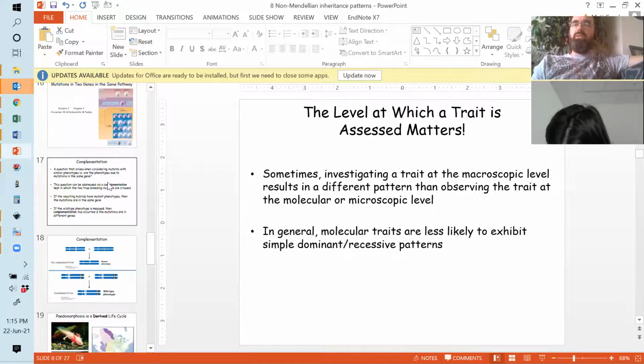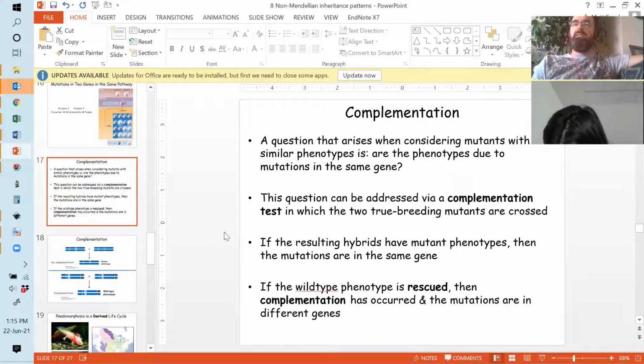One thing that's important to talk about is trying to figure out, particularly for polygenic traits, when you have mutations, is that mutation in the same gene or a different gene in that pathway? And so this is a process called complementation.